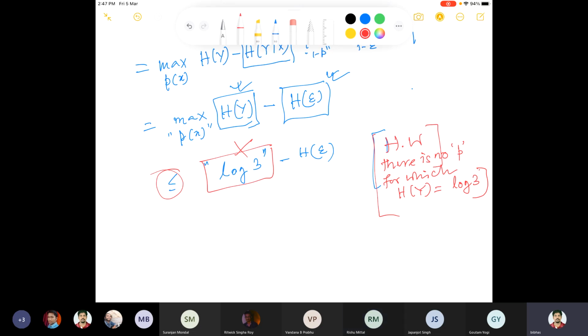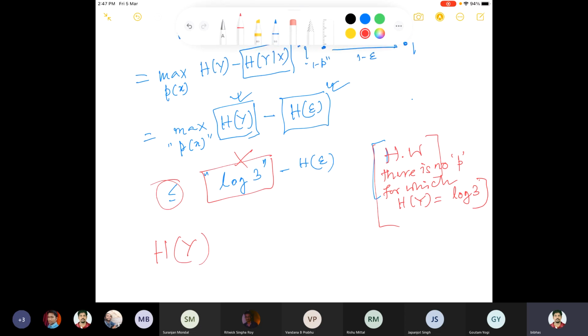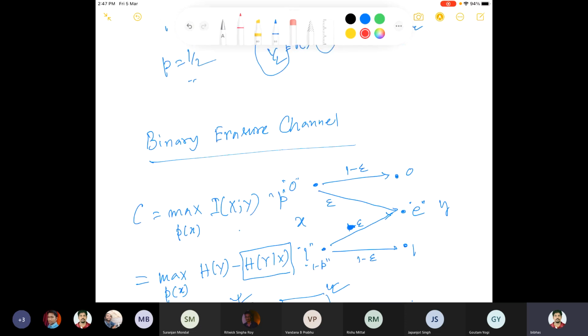Okay, so since I have no way out, basically what I have to do is maximize this h of Y. But for h of Y, how do I calculate h of Y? If I know, let's say, the probability of 0, let's say it is some p1, the next is some p2, and the next is some p3.